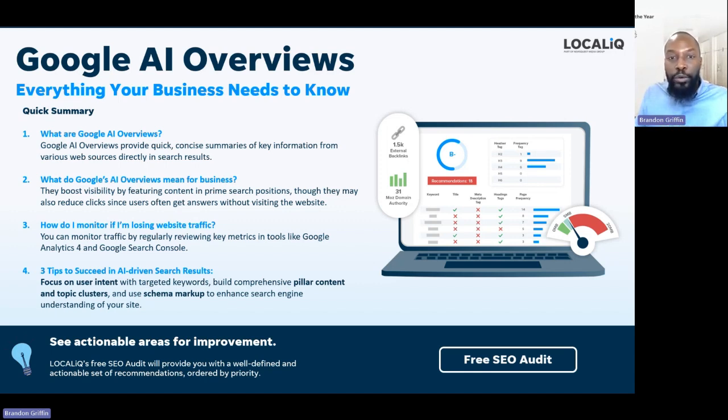We suggest that you build a comprehensive pillar content strategy as well as topic clusters and schema markups. All of those things can be helpful to your business so that you can be successful even as Google AI Overview starts to take more real estate on these search engine result pages. So that's very quickly everything a business needs to know about Google AI Overviews.